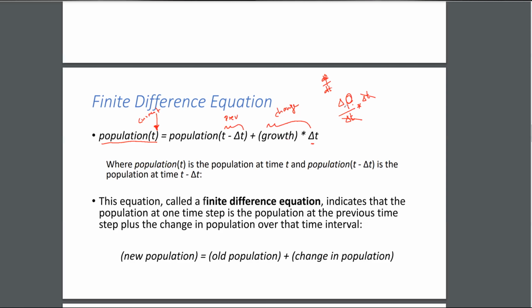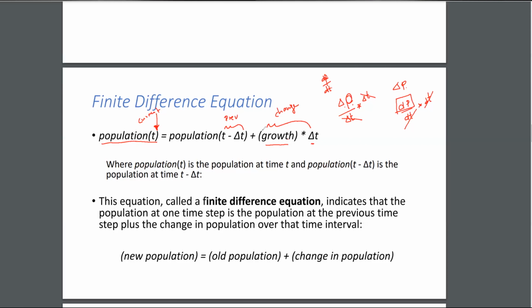So the growth is the rate of change, dP over dt, and you multiply by dt. This cancels out, so you have the little change. This is delta P, a little change.